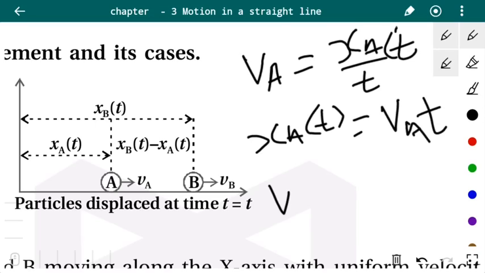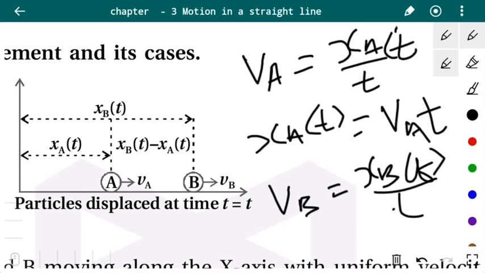Similarly, VB, the velocity of particle B, is equal to the displacement of particle B at time t upon t.